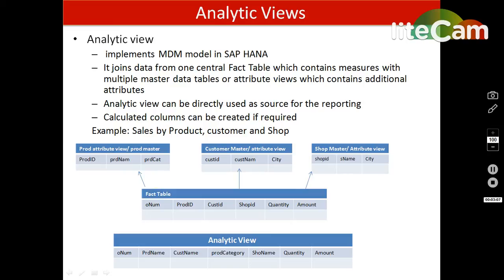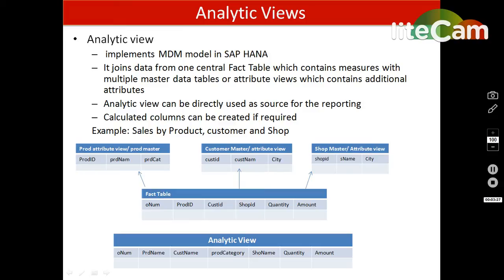An analytic view looks like something like this: order number, product name, customer name, product category, shop name, and quantity and amount. Quantity and amount, these two are the measures which you want to generate or aggregate based on the product category.